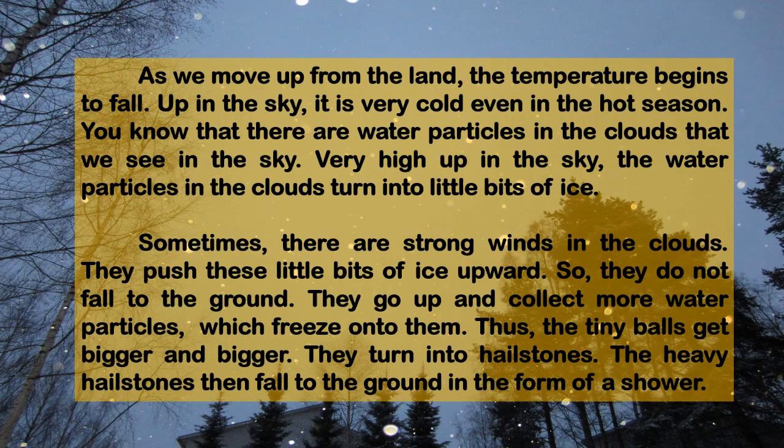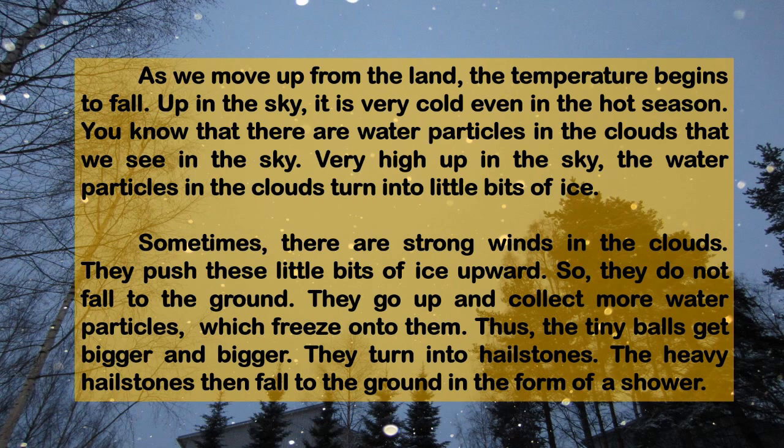As we move up from the land, the temperature begins to fall. Up in the sky, it is very cold, even in the hot season. You know that there are water particles in the clouds that we see in the sky. Very high up in the sky, the water particles in the clouds turn into little bits of ice. Sometimes there are strong winds in the clouds.